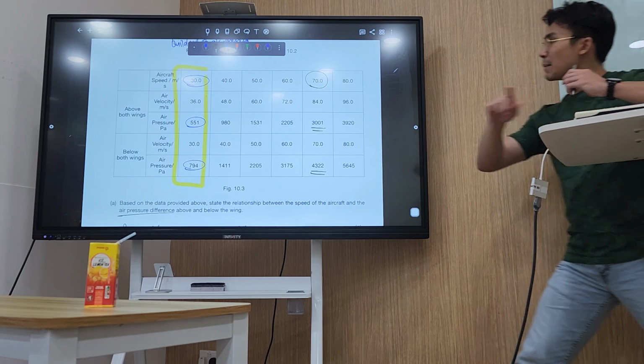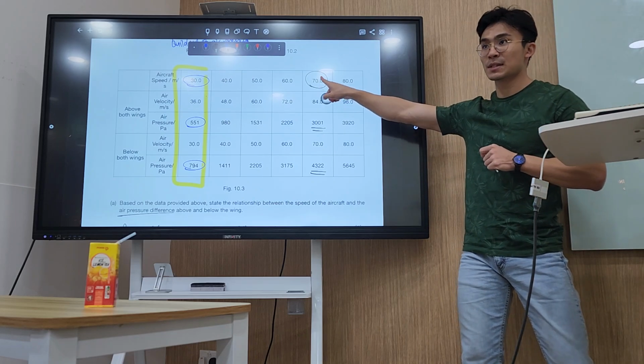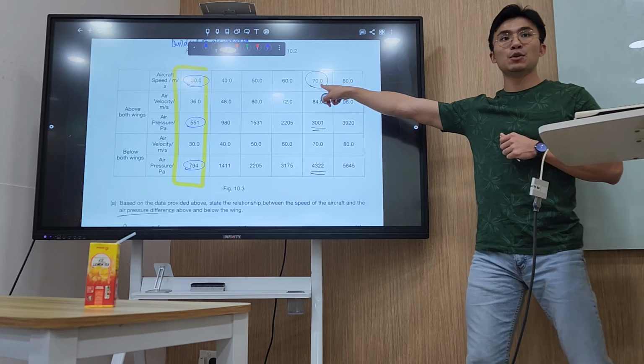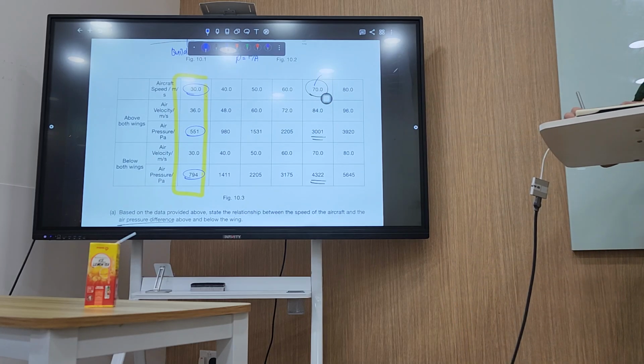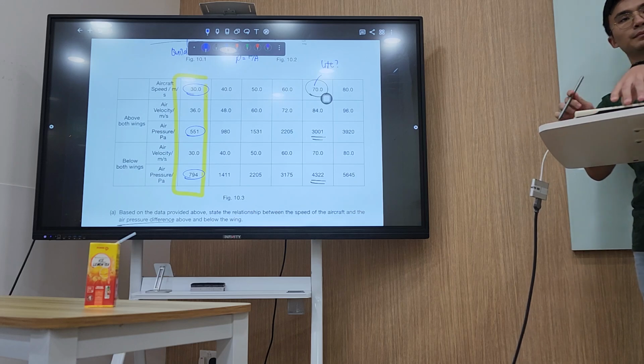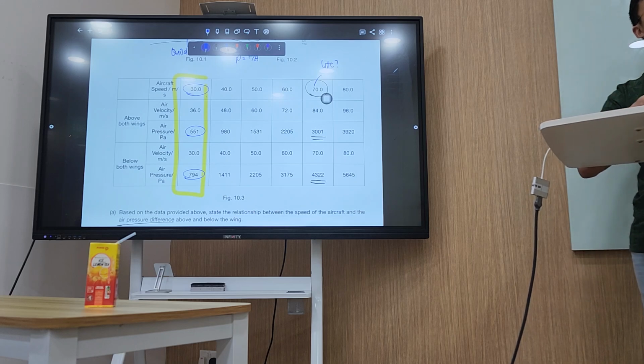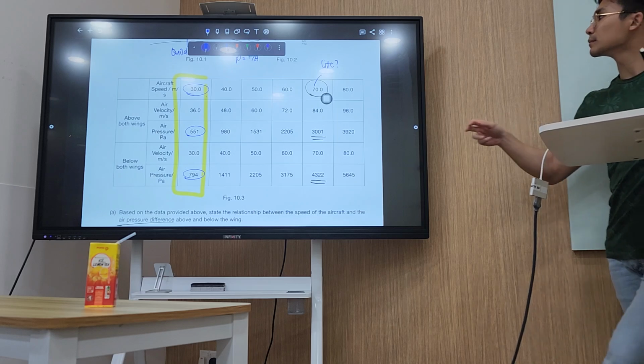So when I'm traveling at 70 meters per second, can you calculate what lift force I produce?